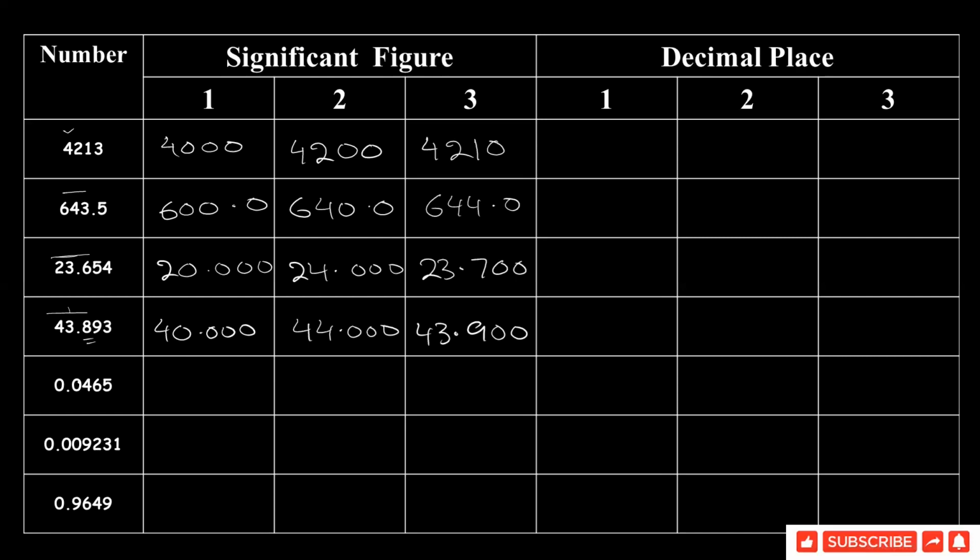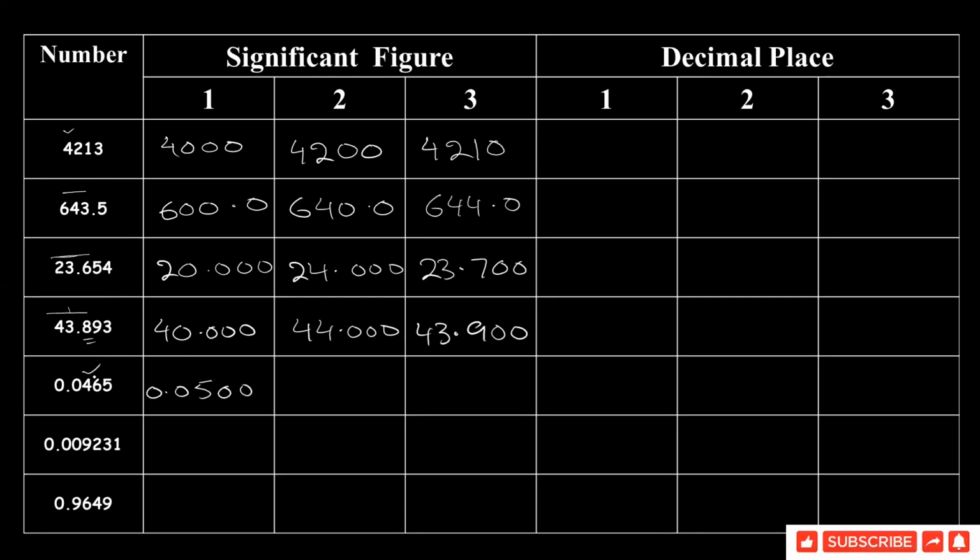Then here there is a little twist. See, significant figure starts from 4. So we keep this 0.0 and now we check the next number to 4, that is 6, which is greater than 5. So we discard this 6 and we add 1 to this 4. So it becomes 0.0500.